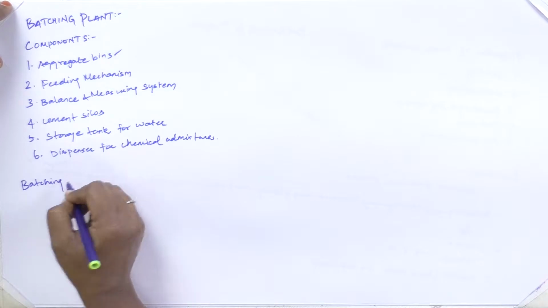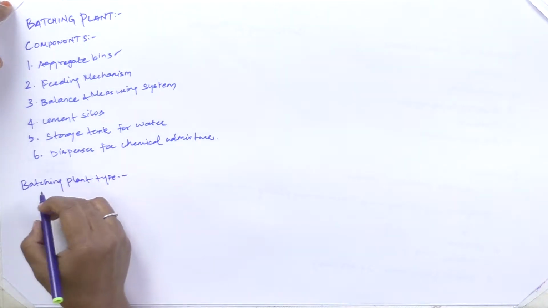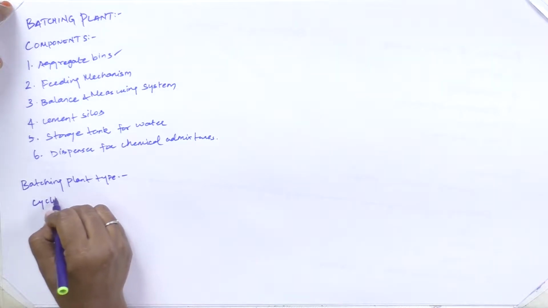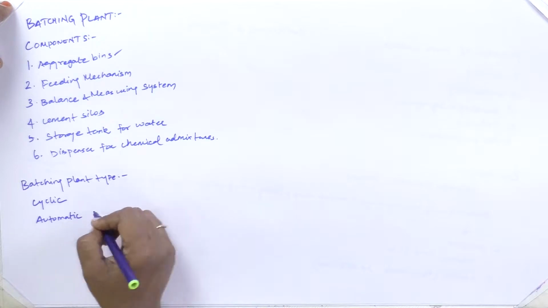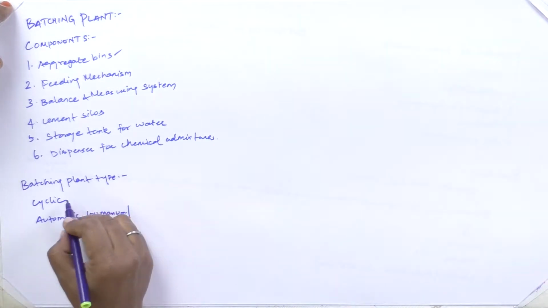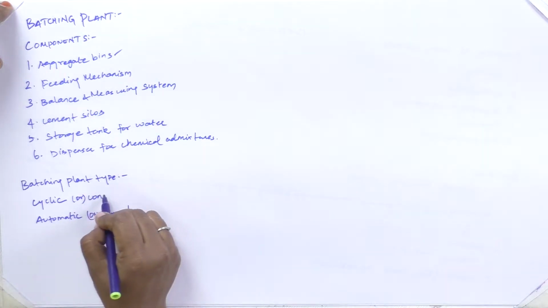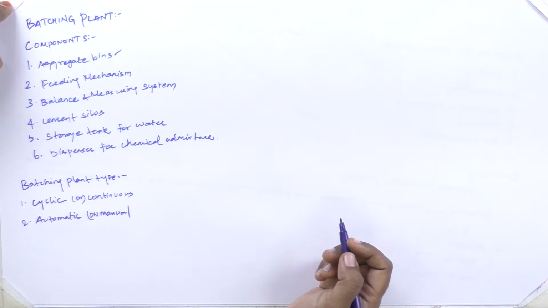Batching plant type: cyclic or continuous, automatic or manual. This batching plant can be of either cyclic or continuous type and automatic or manual type.